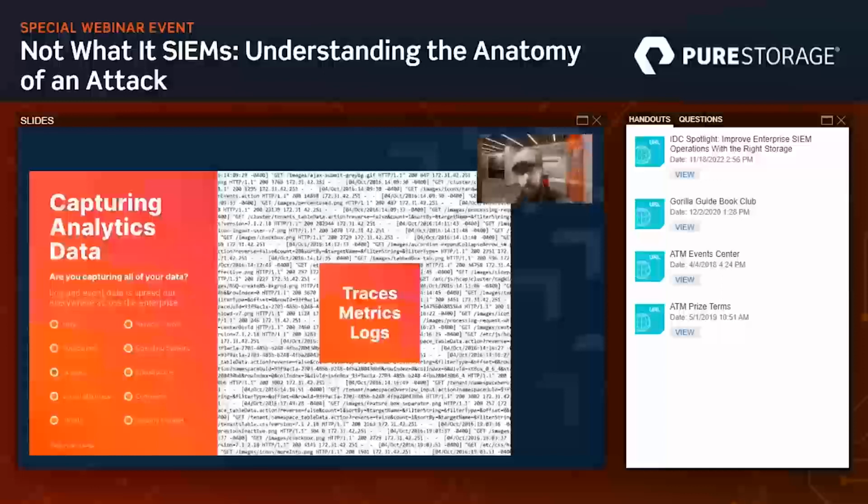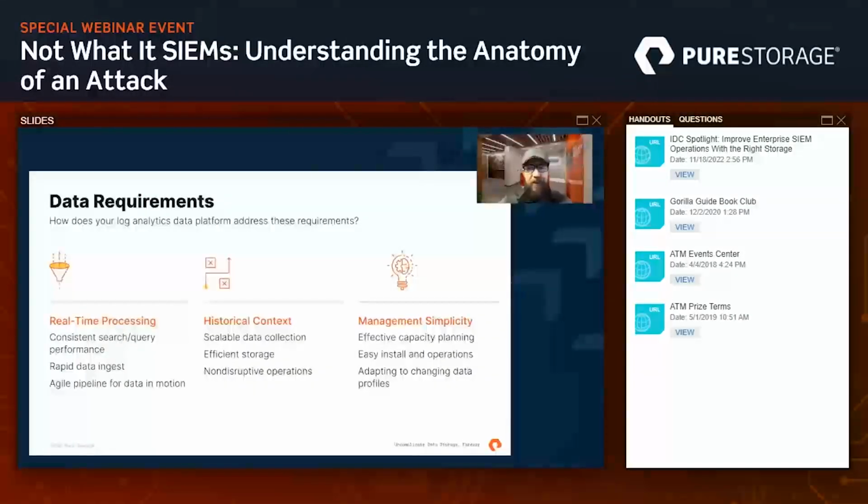So Andrew, let's bring it home with the data requirements, and then hopefully we've got some Q&A in front of us. So the data requirements, right? Thematically, again, if you only take a few things away from this, real-time processing is key. Consistent search performance on your hottest data and your coldest data, right? That's also key.